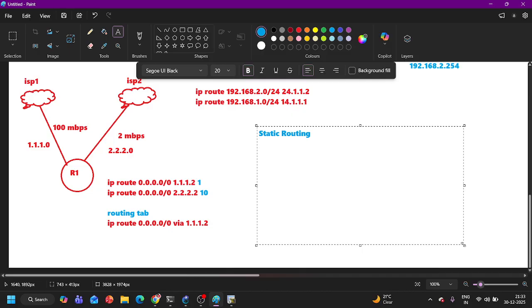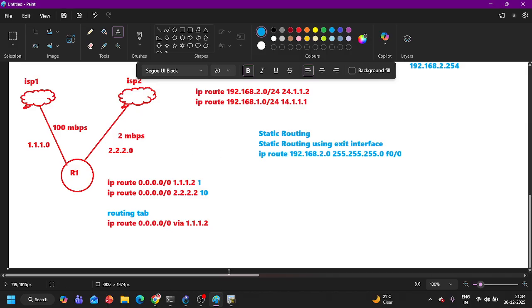One is static routing using an exit interface. So the command is going to be ip route 192.168.2.0 255.255.255.0, and let's say FastEthernet 0/0 as the exit interface, right?